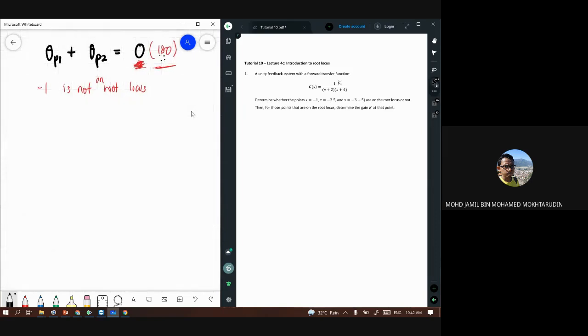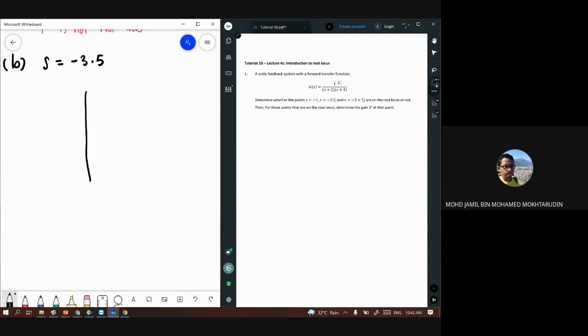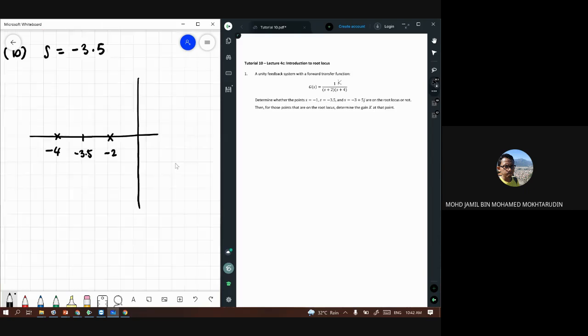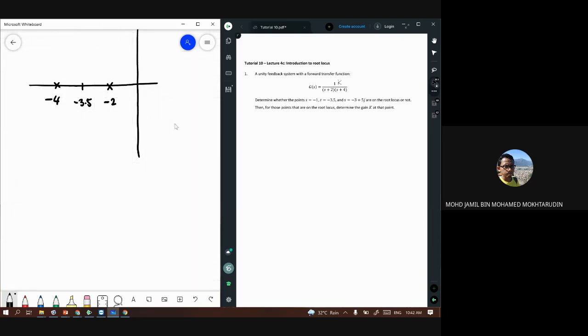Okay, so let's look at the second point. When S equals -3.5, similarly, we sketch again. Then we find the angle. So theta P1, it's 180 degrees.